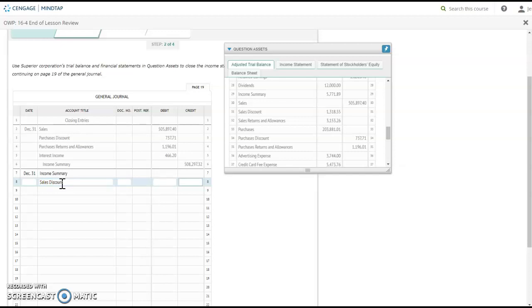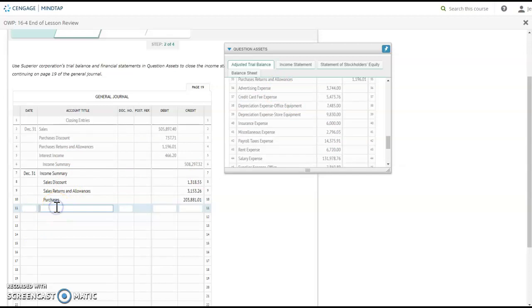We are going to credit to close that for $1,318.55. Sales, returns, and allowances, a credit of $3,153.26. Purchases, a credit of $203,881.01. Then we are jumping down.